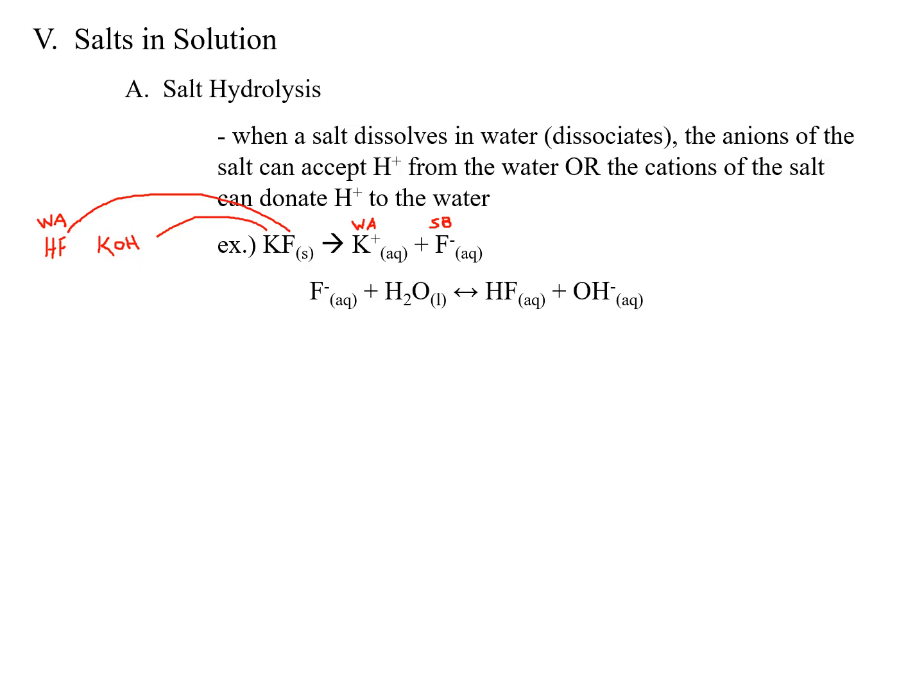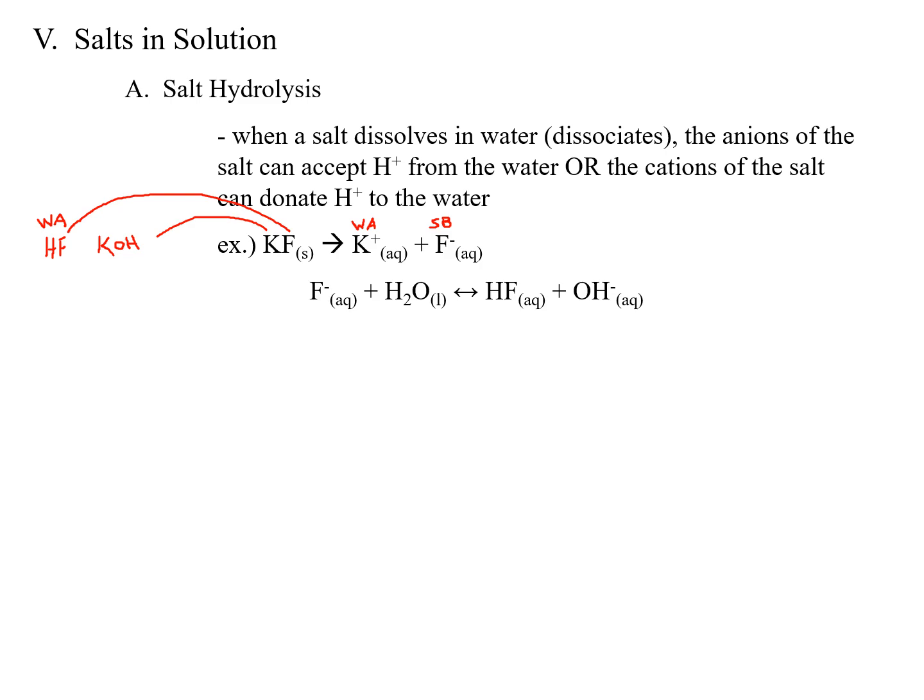And anytime you have OH negatives, you are now affecting the pH. So F negative causes the water to become more basic because it starts to form OH negatives. And that's important to note. The K positive didn't do anything. It was too weak because it came from something that was strong.